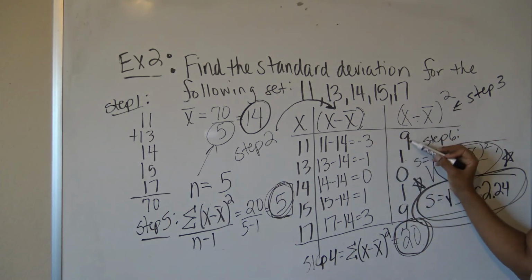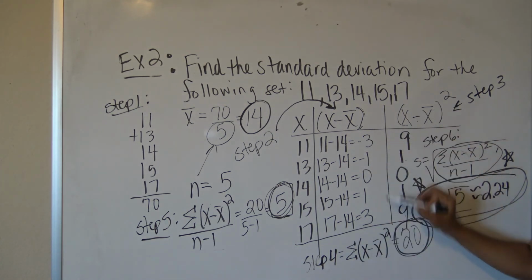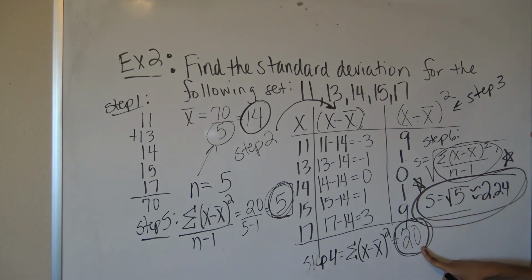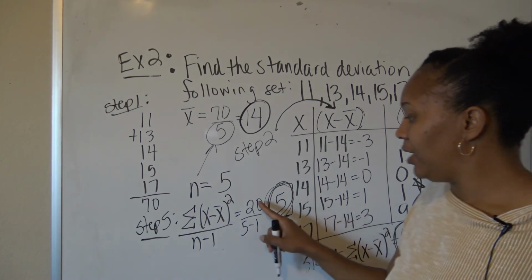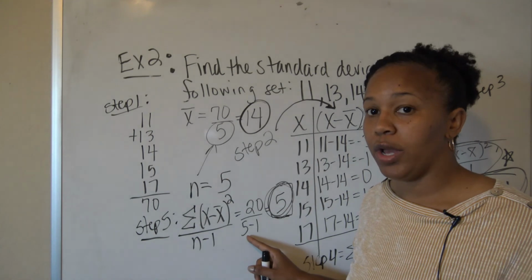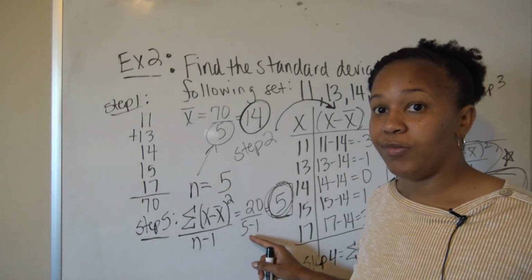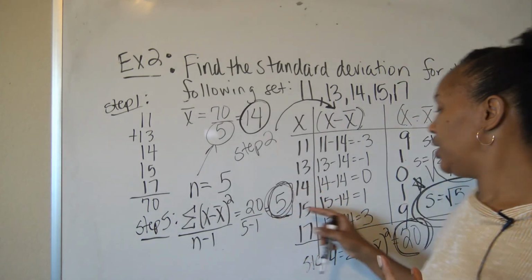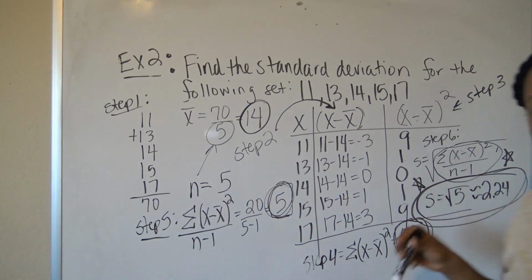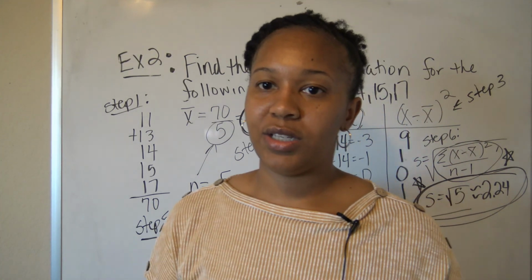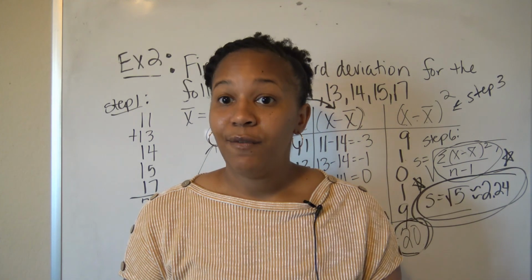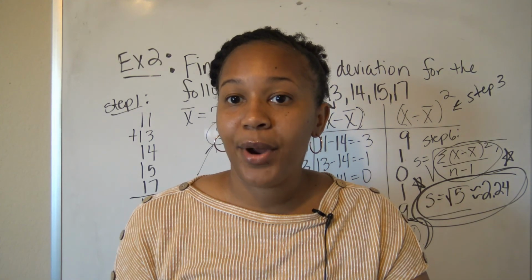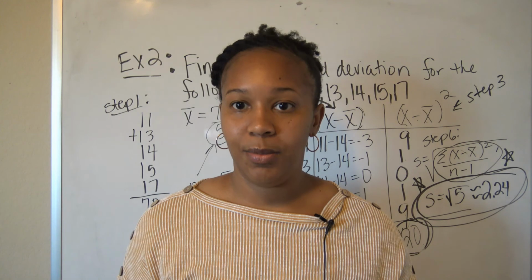So you take those numbers and square them. Step 4, you add all of those together. Step 5, you take that number and divide it by n minus 1, so 1 less than the number of data points. So we divided that by 4, we got 5. And then step 6, you just take the square root of that number and that gives you your standard deviation. So that's just basically taking the formula for the standard deviation and breaking it down step by step, okay?